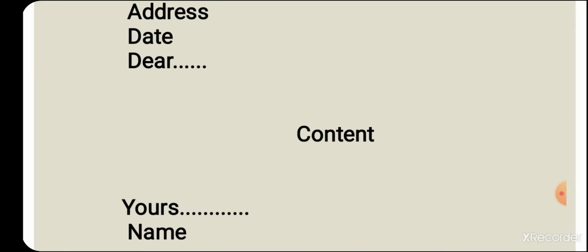Then write the content, or we can say the body of the letter. This content contains all the information, views, thoughts, etc. that the sender wants to convey to the receiver. Then after this content, write the complimentary close like yours sincerely, yours affectionately, then write your name.